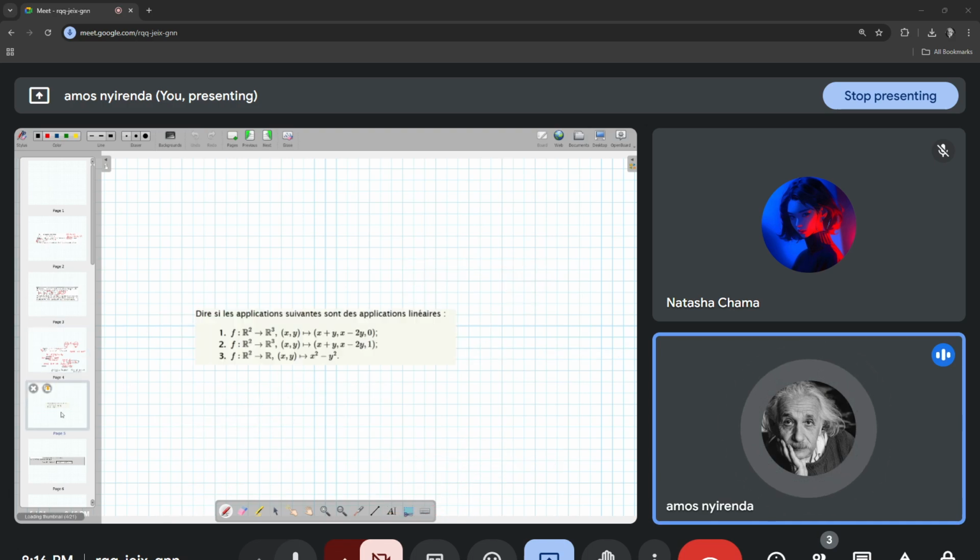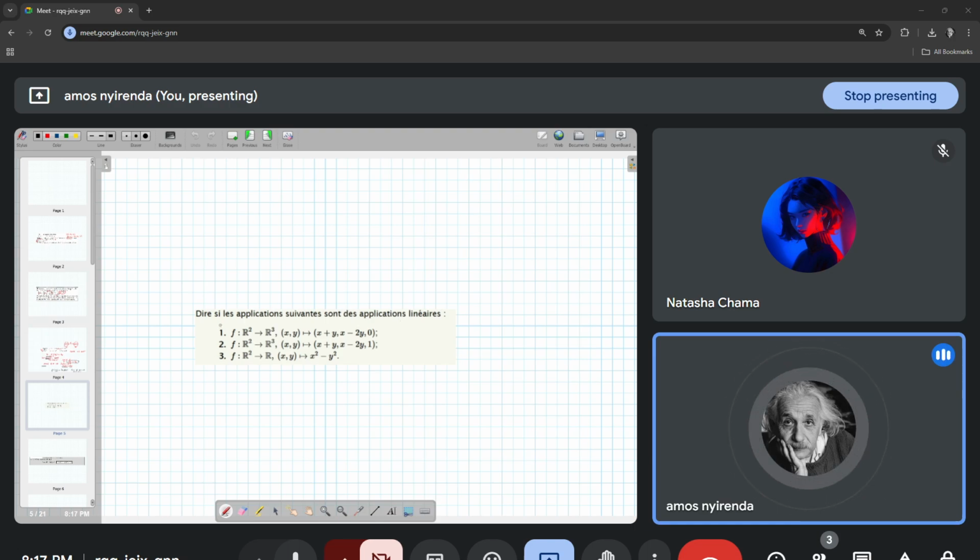Now let's look at some examples to see how we can apply the definition to show whether a given application is une application linéaire or not. So let's look at the first exercise. Dire si les applications suivantes sont des applications linéaires.